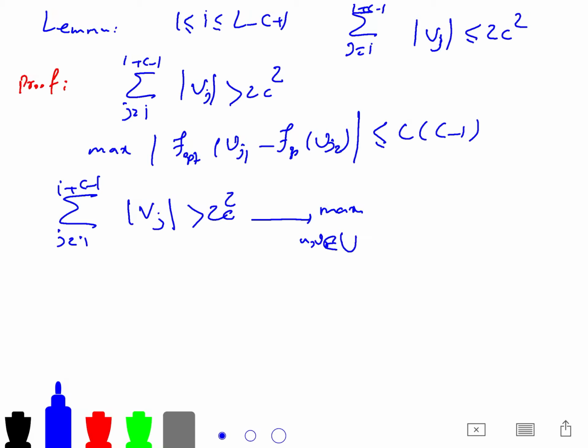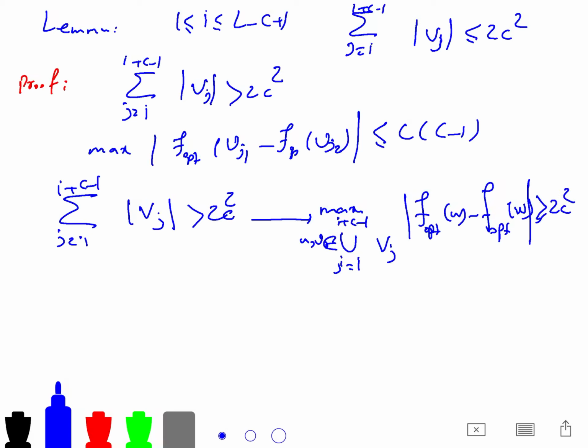we have the maximum over any u and w inside the union of Vj for j from i to i plus c minus 1 of f of u minus f of w is greater than 2c squared.